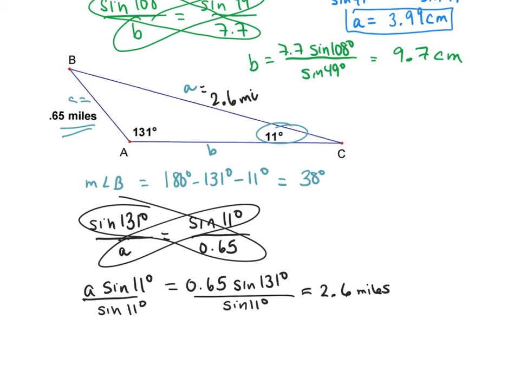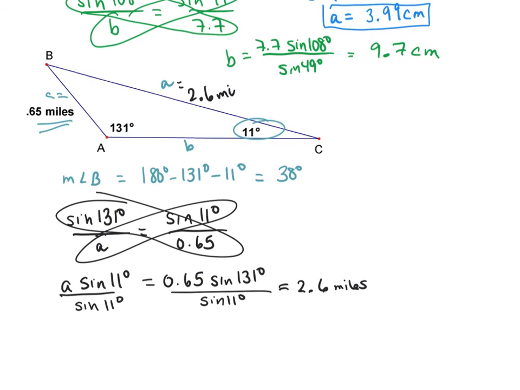So now we have to find side B, which will be very similar. We'll set it up the same way, but instead of using the A angle, we'll use the B angle. So we have sine of angle B. And remember, angle B we found to be 38. I can write that in my triangle just so I remember.